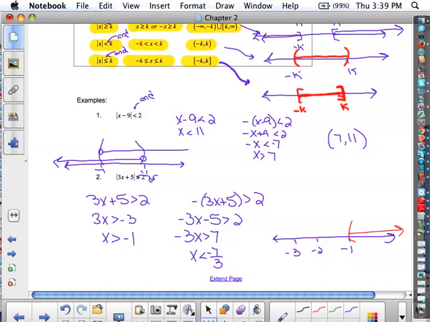And then x is less than negative 7/3, and the region from negative 7/3 to negative infinity. So we're looking at the union of minus infinity to minus 7/3 joined with negative 1 to positive infinity.